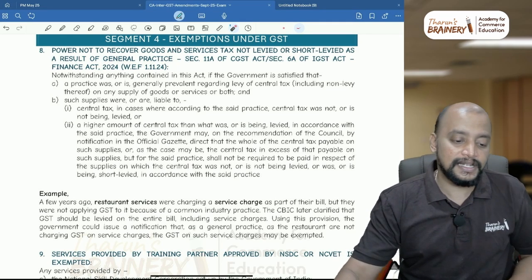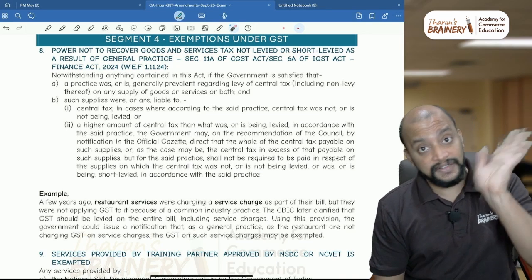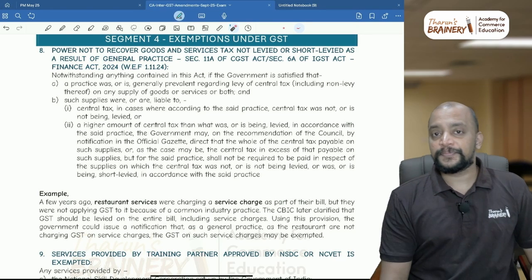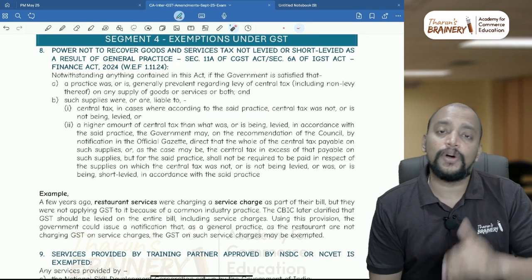That is known as power not to levy tax or power to reduce the tax, as a past general practice. Power not to recover goods and services tax not levied or short levied as a result of general practice. Notwithstanding anything contained in this Act, means this section will override.